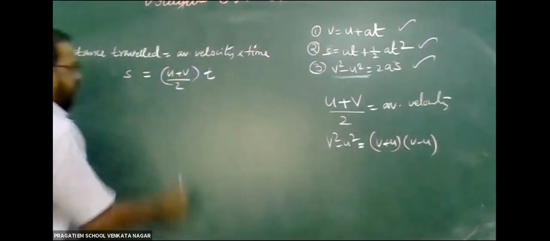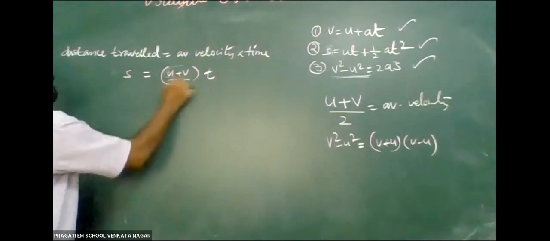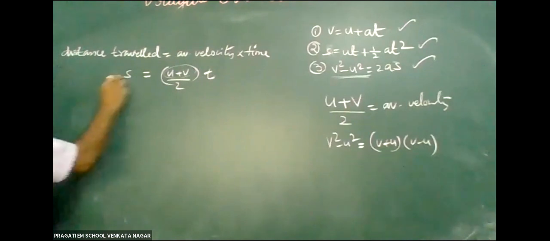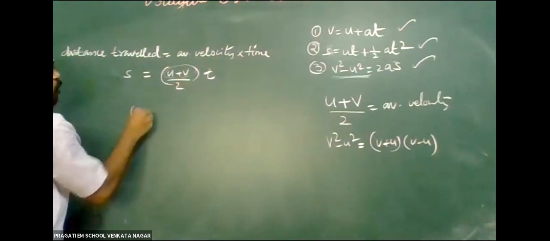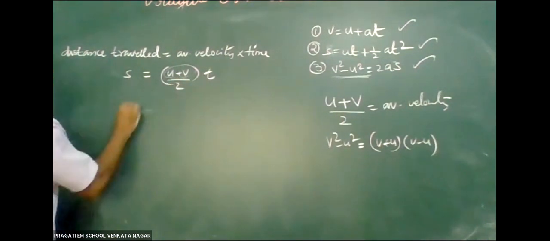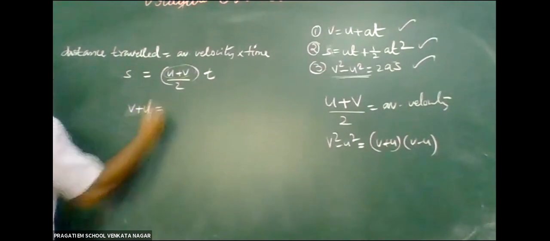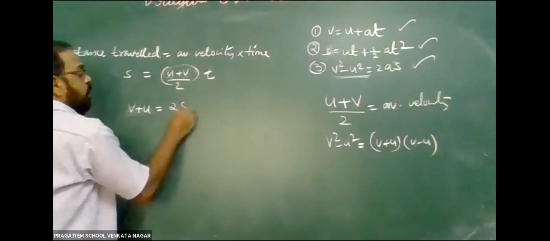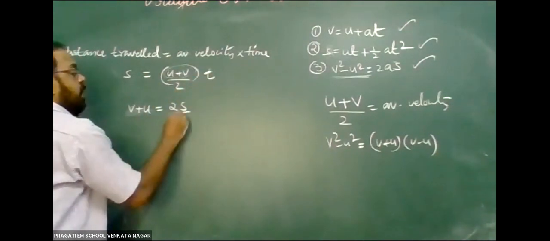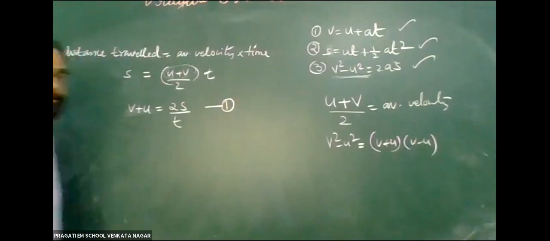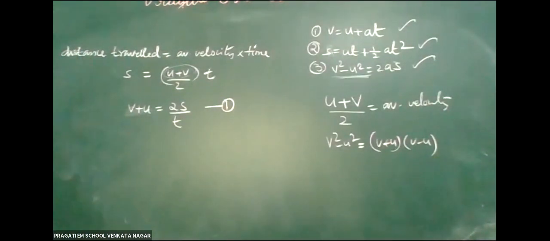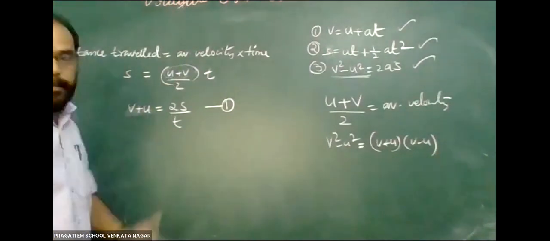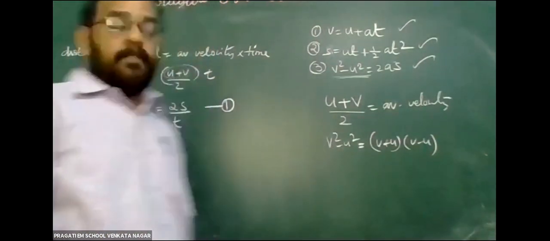To get that, keeping u plus v on one side, we take 2 to the numerator and t to the other side. u plus v or v plus u, both are the same. u plus v equals v plus u equals 2s by t. See here, u plus v and v plus u are the same, just like a plus b equals b plus a.